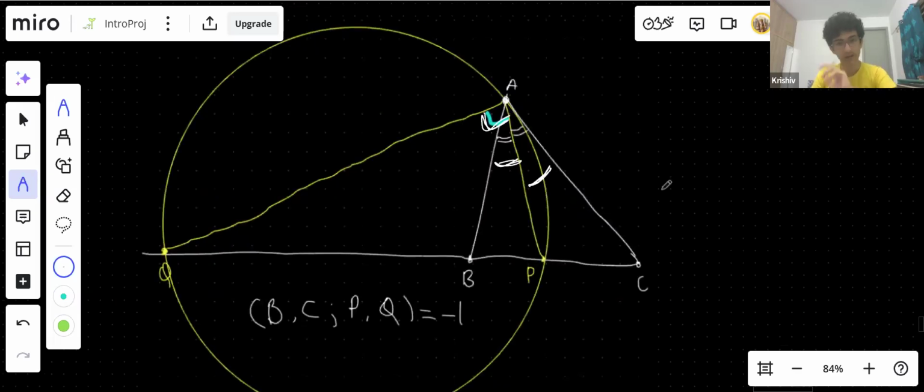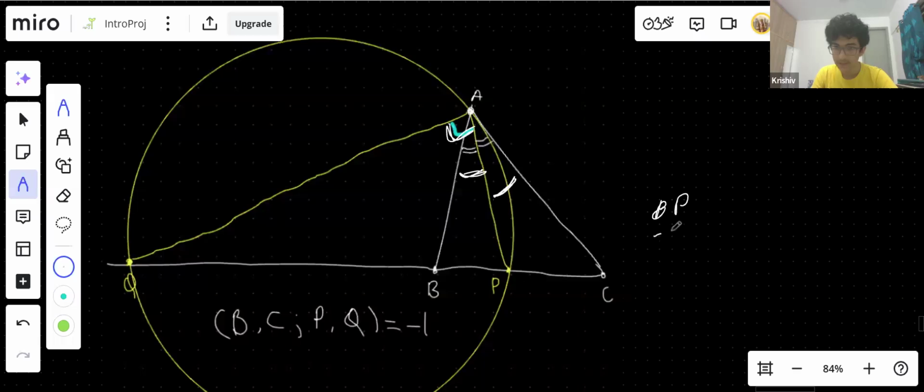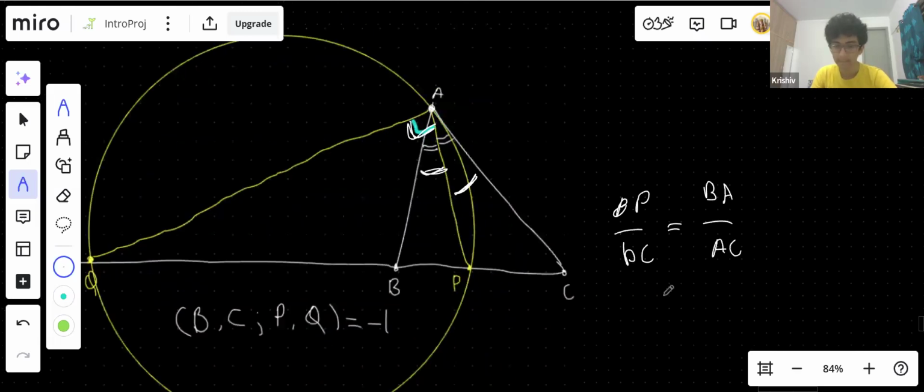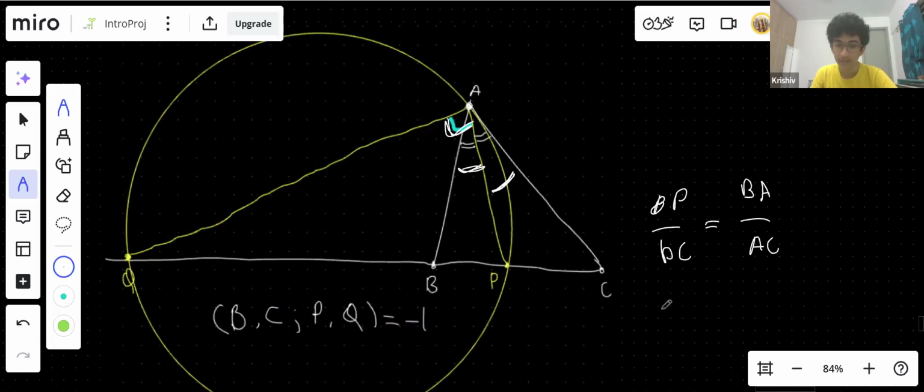This is really simple actually, because we have BP over PC, by the angle bisector theorem, equal to BA over AC. And BQ over QC is equal to minus BA over AC.